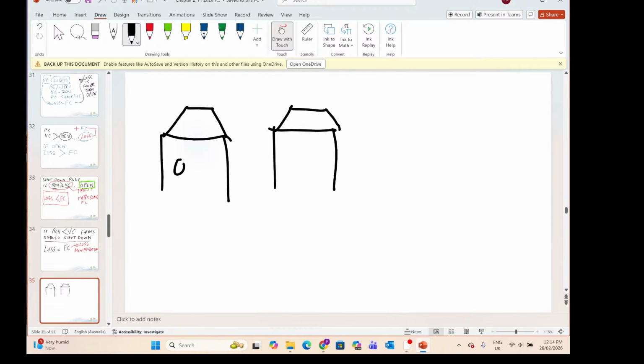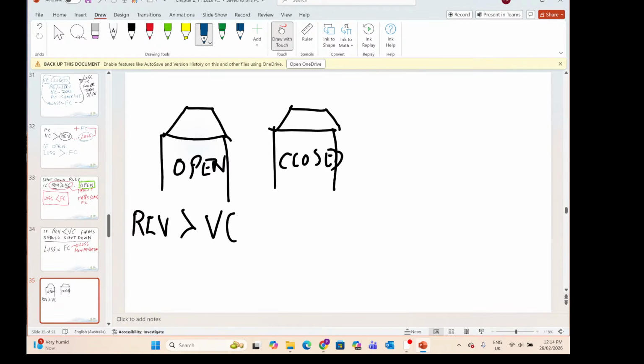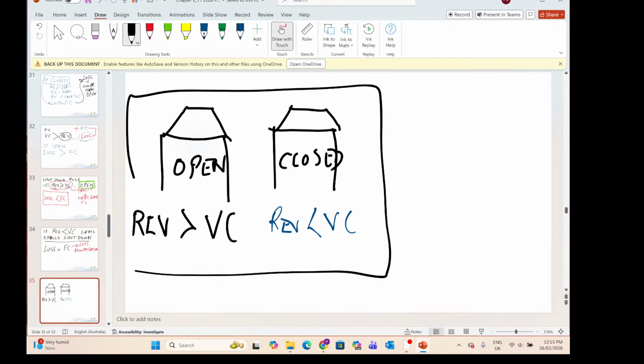So a firm could be open, a firm could be closed. And what does this mean? We'll be open if the revenue is greater than the variable cost. It will be closed if the revenue is less than the variable cost. Those are our two short-run options. This is what happens in the short run.